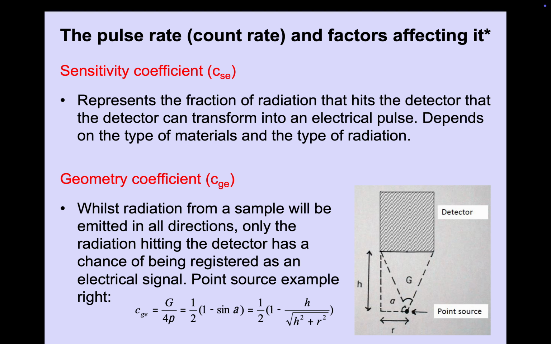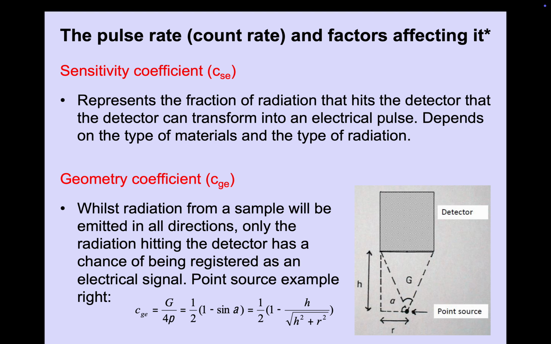Now, I've given you a simple example here in the bottom right hand of the slide. Here we're considering a radioactive point source sample, which is at a distance of h from a round cylindrical shaped detector that has a diameter of r, and only those particles or rays that are being emitted from this point source that have a space angle of g are going to be the ones that are actually able to be detected.